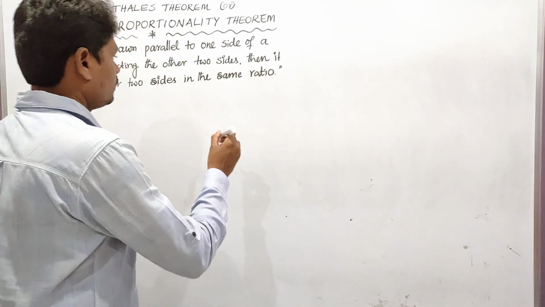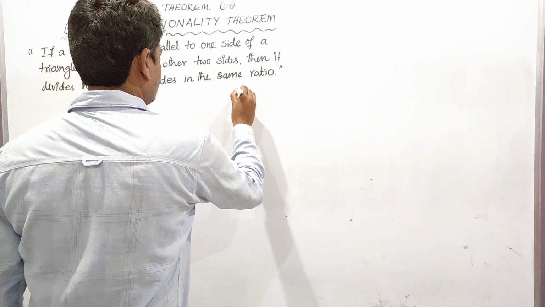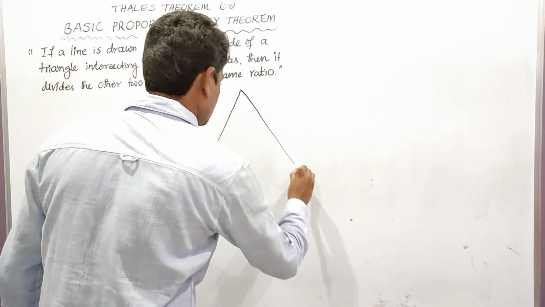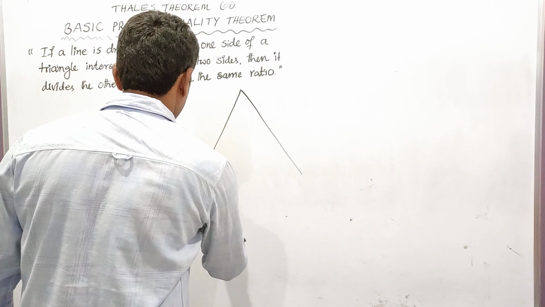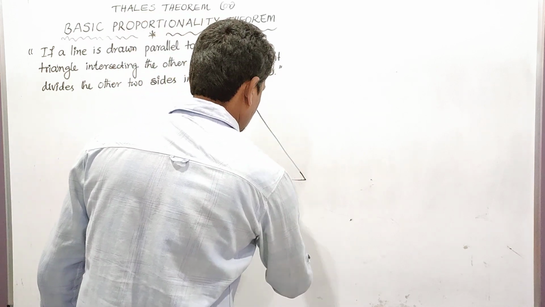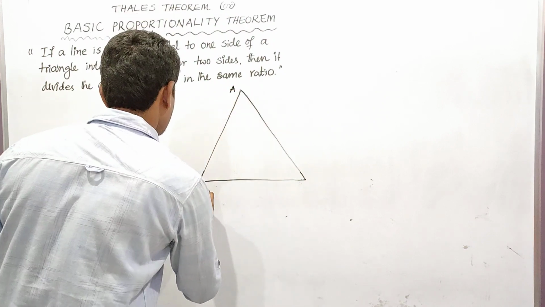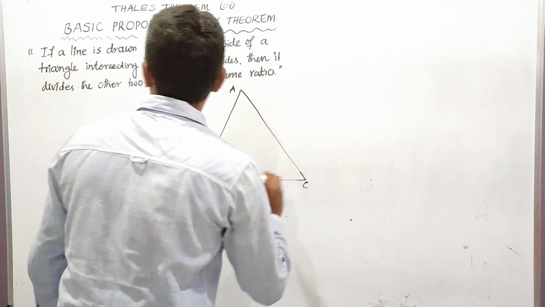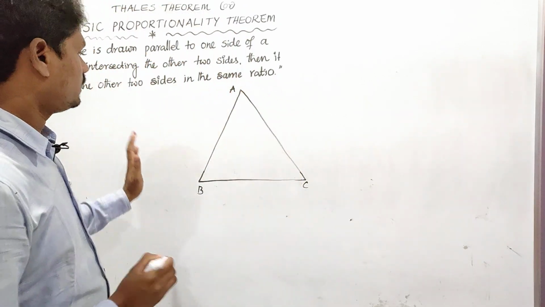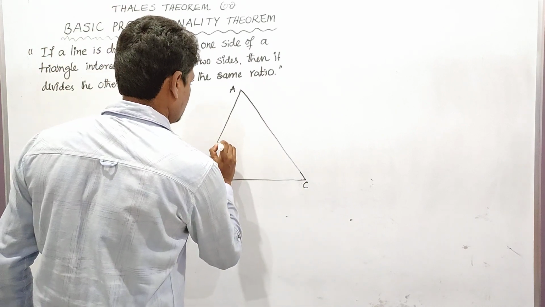So see student what it means. Let ABC be a triangle. If a line is drawn parallel to one side of a triangle, say BC, I am drawing a line that is parallel to BC.